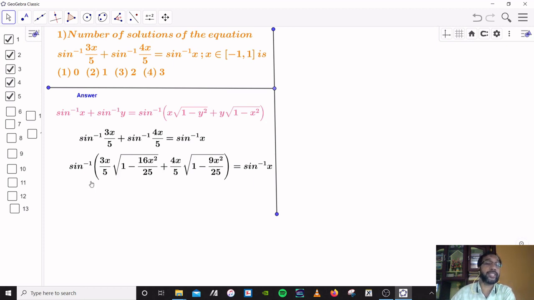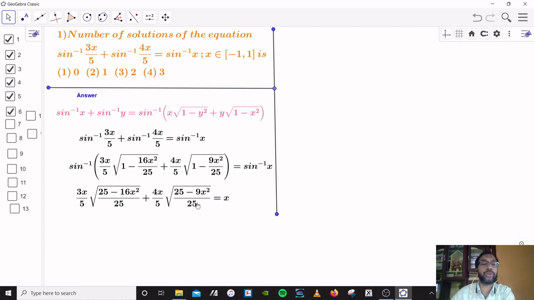Now taking sin on both sides, we get 3x by 5 into root of, cross multiplying, 25 minus 16x square by 25, plus 4x by 5 into root of, on cross multiplication, 25 minus 9x square by 25, is equal to x.